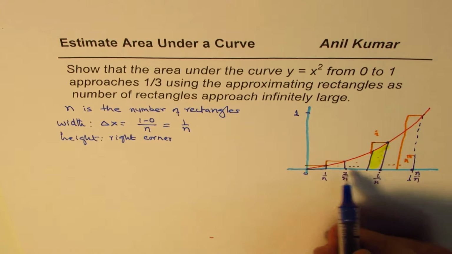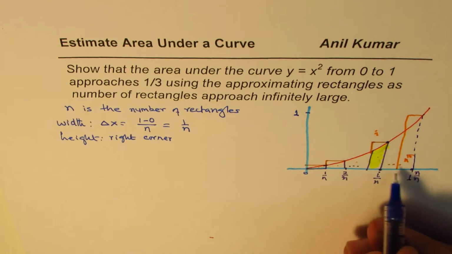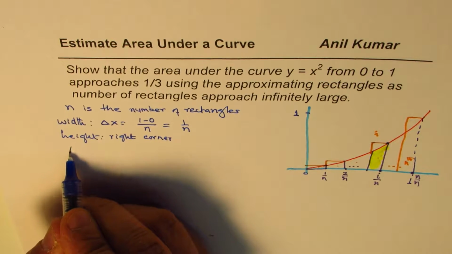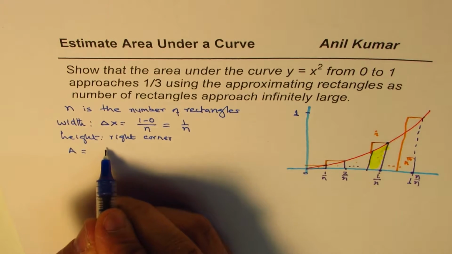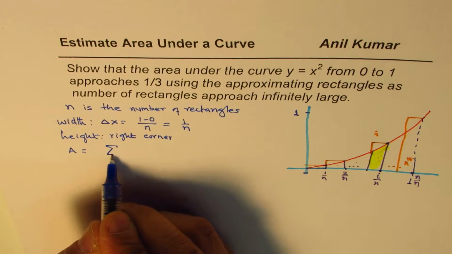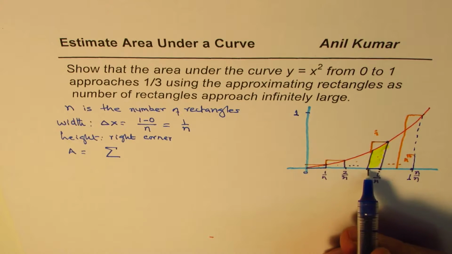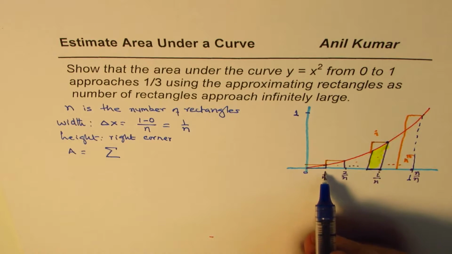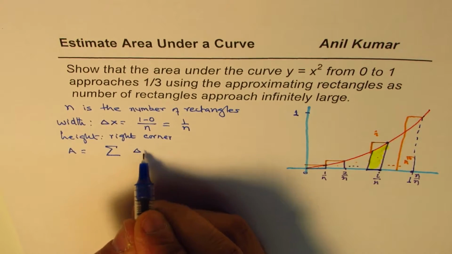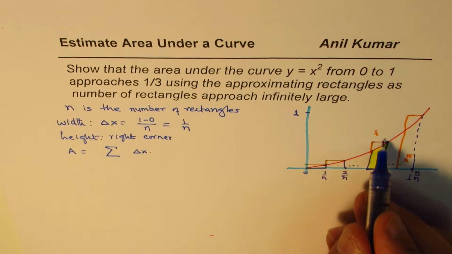So let's find the sum of all these areas of the rectangles. We say area will be equal to the sum of all the rectangles. We are considering the general rectangle. Here, what is the width? Width delta x is 1 over n. So we'll say delta x is the width times height.